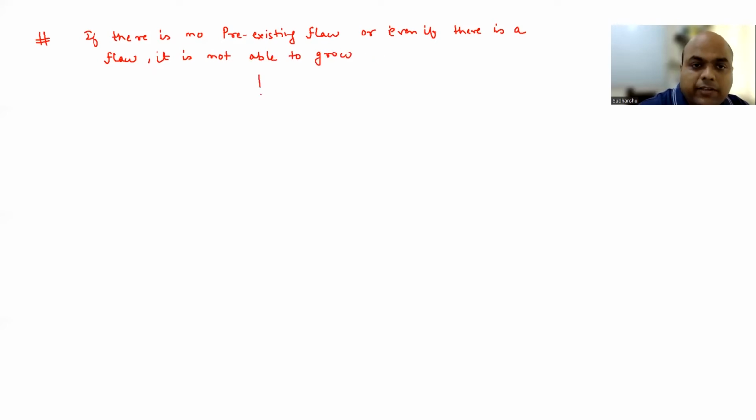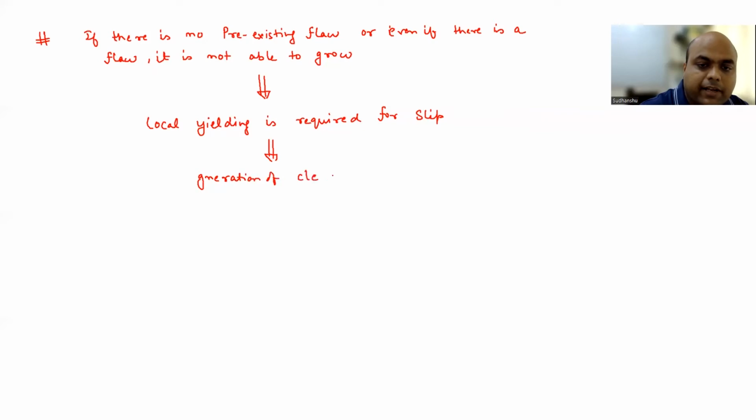In this case, local yielding is necessary for slip, and this will lead to the generation, or nucleation, of cleavage crack.